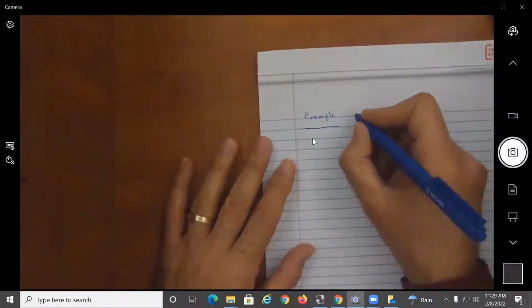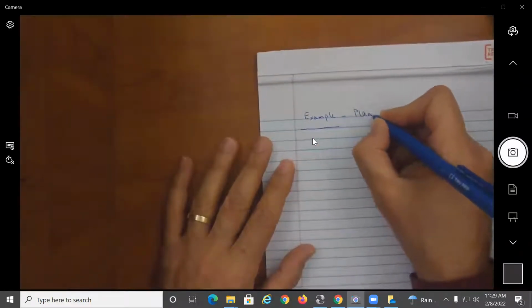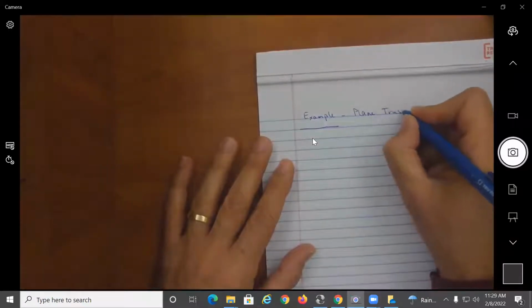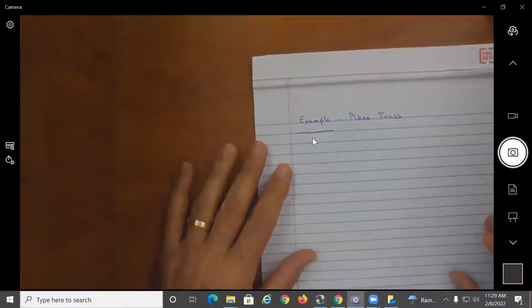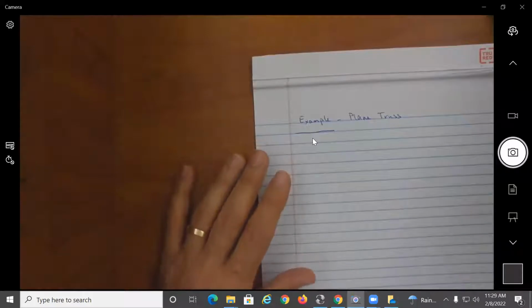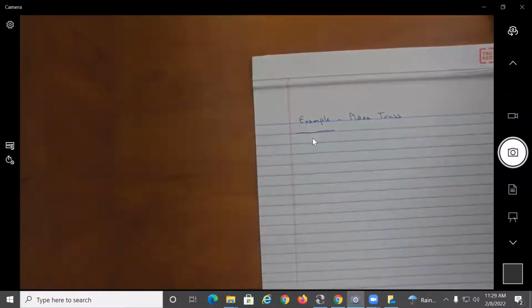So we're going to look at a plane truss, so we can use the bar elements. And when I say truss, how can we define a truss? Forces only act in tension and compression. So the members are only in tension and compression.